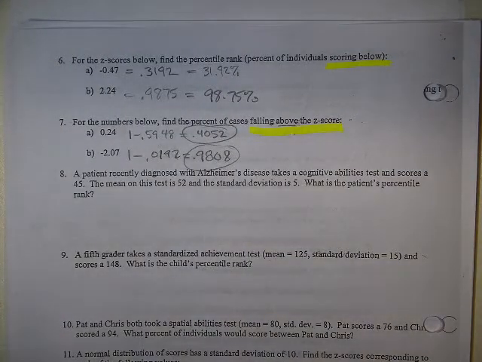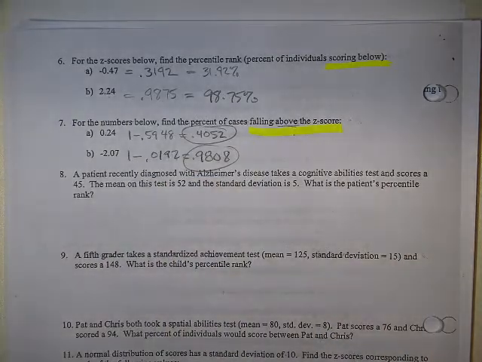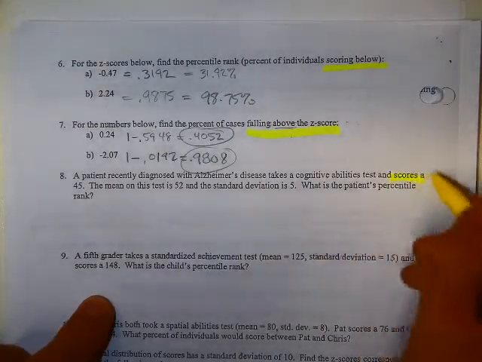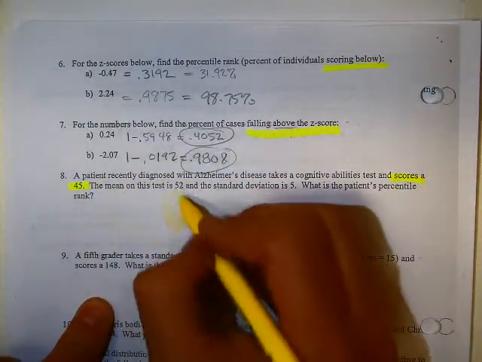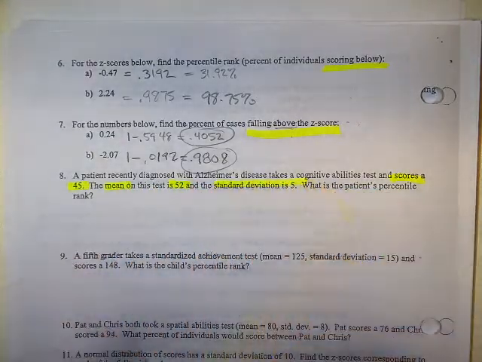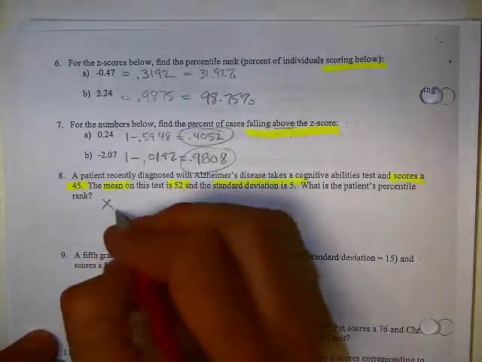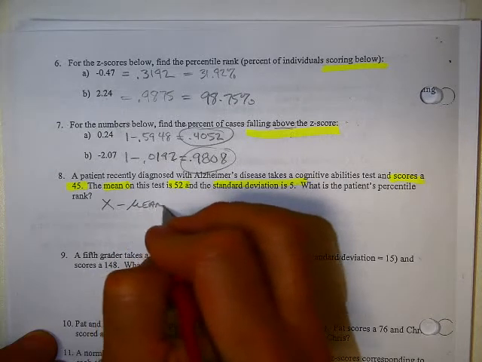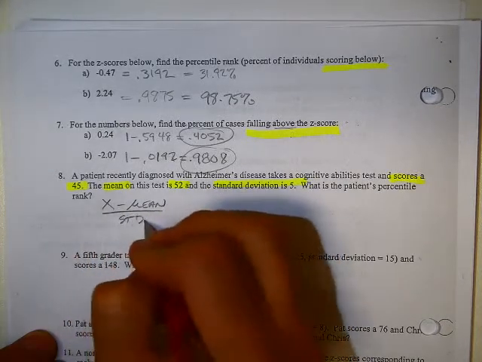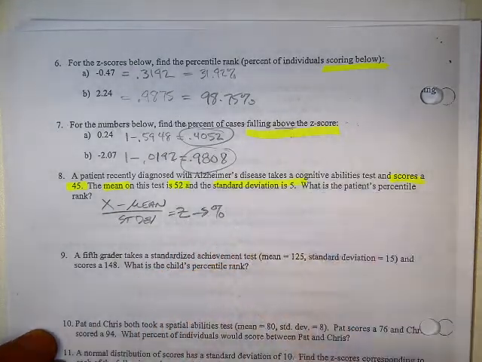Okay, here's where standardizing comes in and answers questions great. A patient is recently diagnosed with Alzheimer's, and the patient scores 45. The mean is 52, and the standard deviation is 5, and that's all I need. X minus mean over standard deviation gives me a Z, and I can take that to a percentile rank.